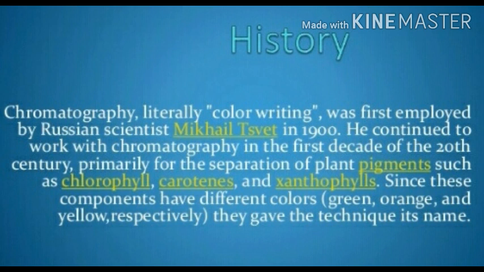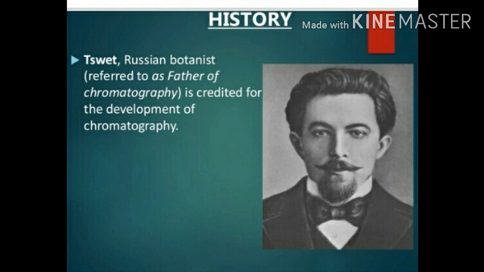Since these components have different colors, green, orange, yellow, respectively, they gave the technique its name, chromatography. Chromatography is literally known as color writing, and this Russian botanist is credited with the development of chromatography.